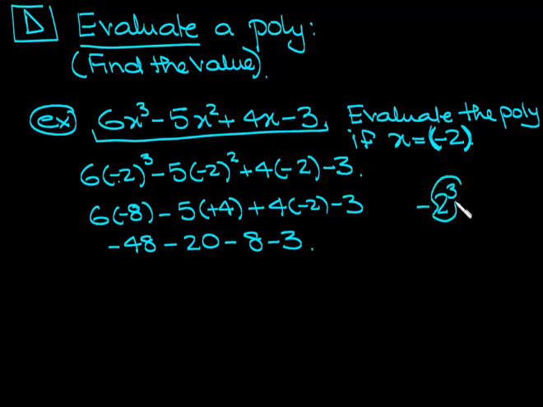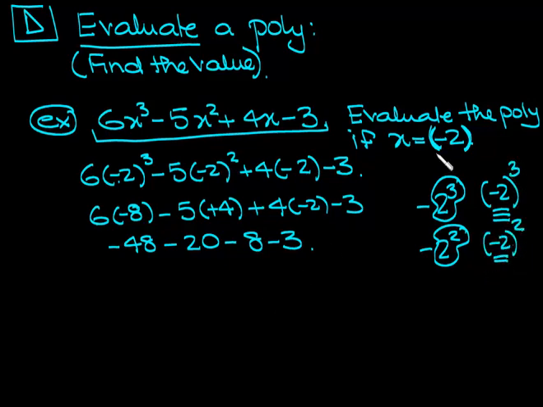This would mean I'm just cubing the 2, or when I have the squared, I'm just squaring the 2. But by putting the parentheses, we are saying that this is my base, that's what I want to cube. This is my base that I want to square. So it's important to always do that. If you have a negative number, put parentheses before you push that into the expression.